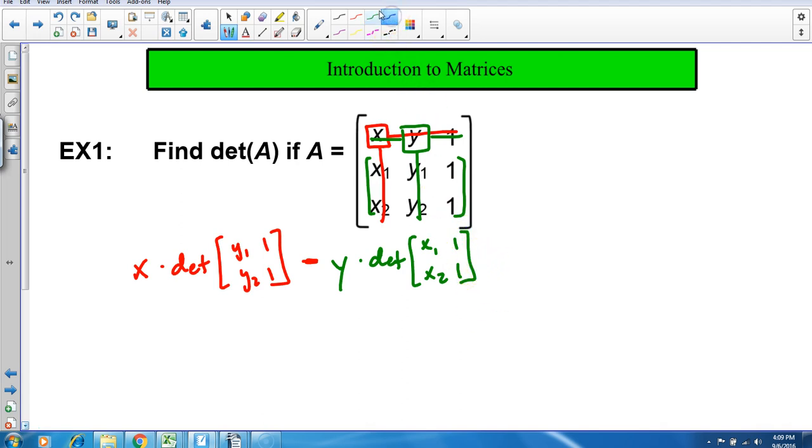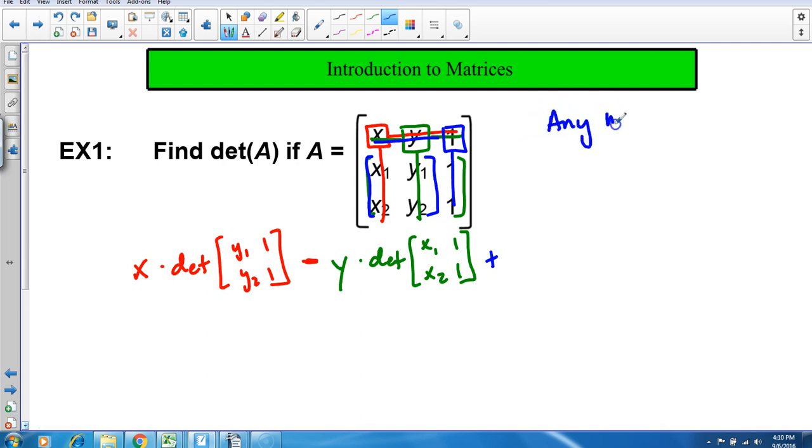And lastly, and we're getting a little ugly here, but hopefully you guys get the gist. I'm going to take this element up here, cross off the row and the column, and take the remaining. And this time I'm going to add. This is actually the process for any matrix, not just a 3 by 3.